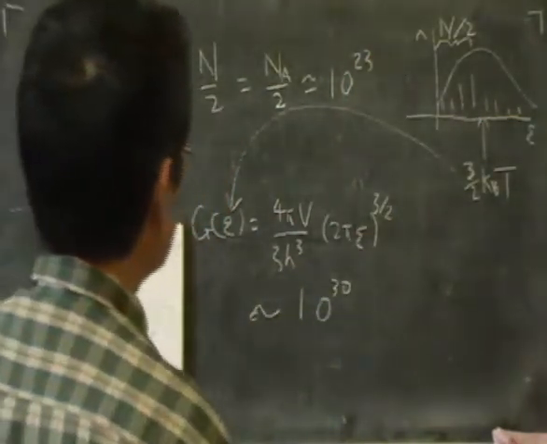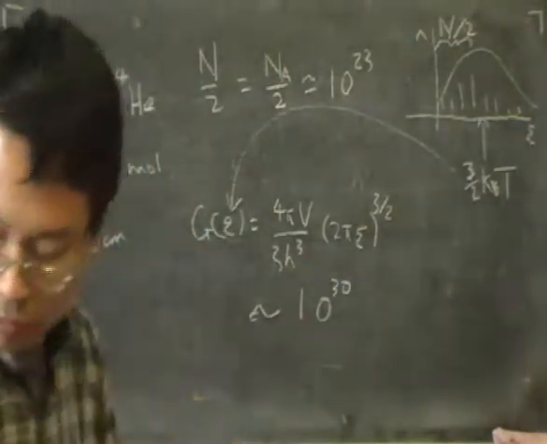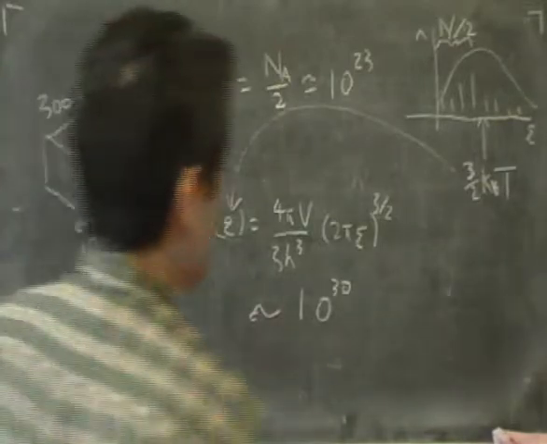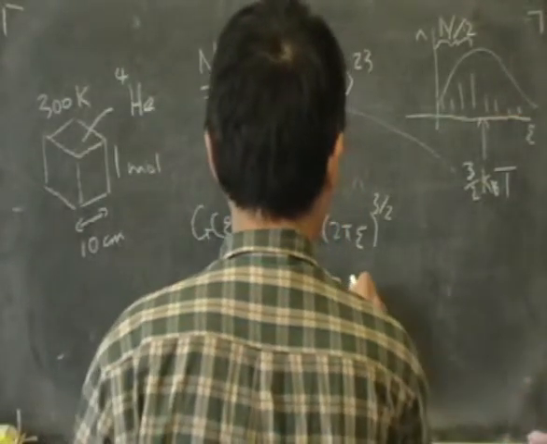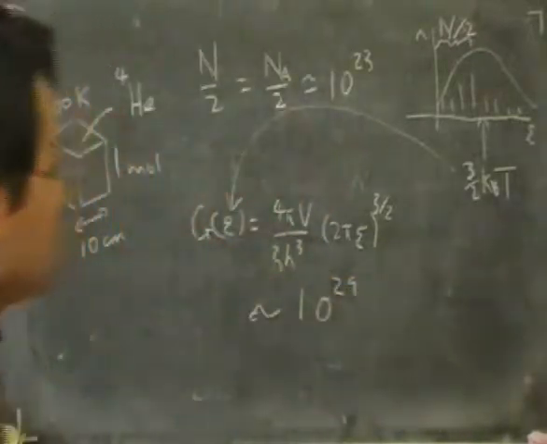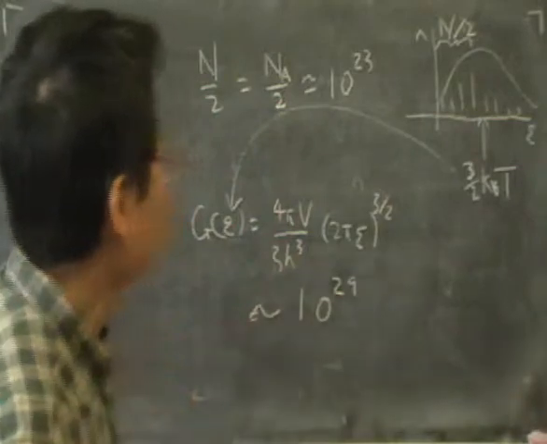Right. I think that should be 29, probably. So these are the kind of orders of magnitudes that we would get when we punch in these numbers.